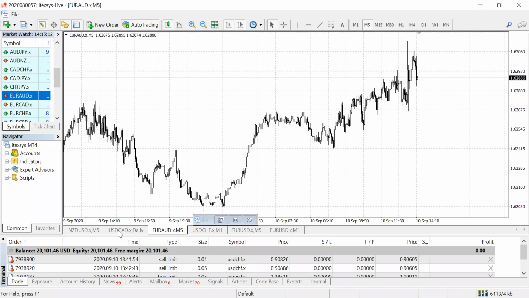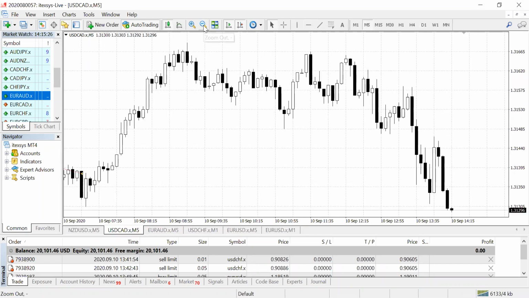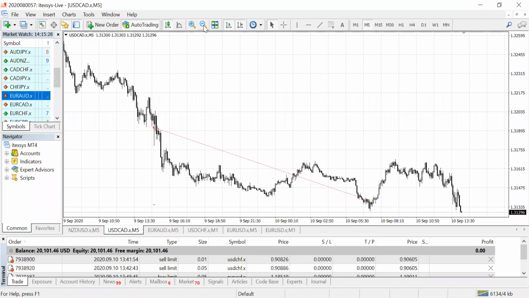USD Cad, we took this trade yesterday on the USD Cad, you can see it there, it ran like 40 pips, a really nice trade. And Danielle says it is near broken resistance, I guess, on the 5-minute chart. Yeah, you're right. Look at that.